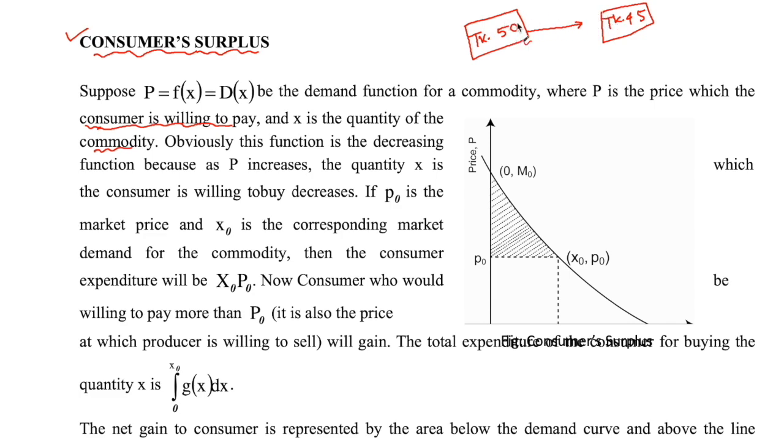So this difference is the consumer surplus. In that case, what will be your consumer surplus? The consumer is willing to pay taka 50, but actually is paying taka 45. So 5 taka is the consumer surplus.